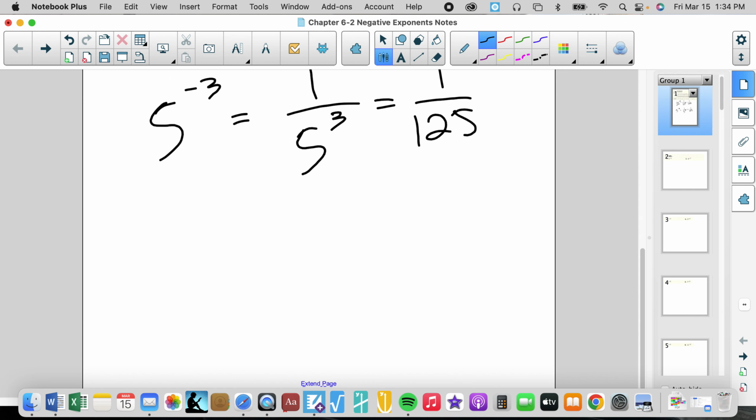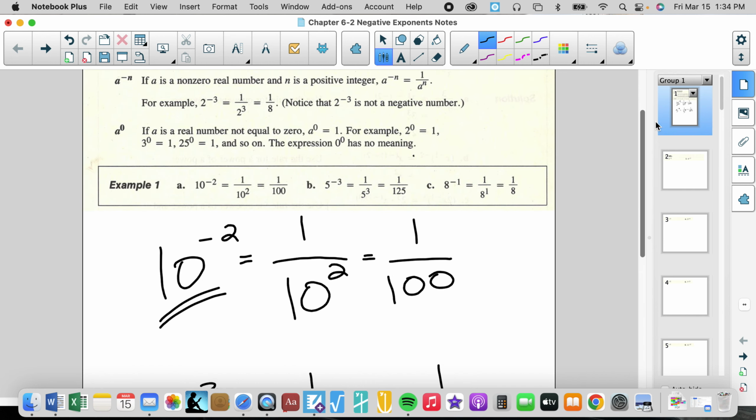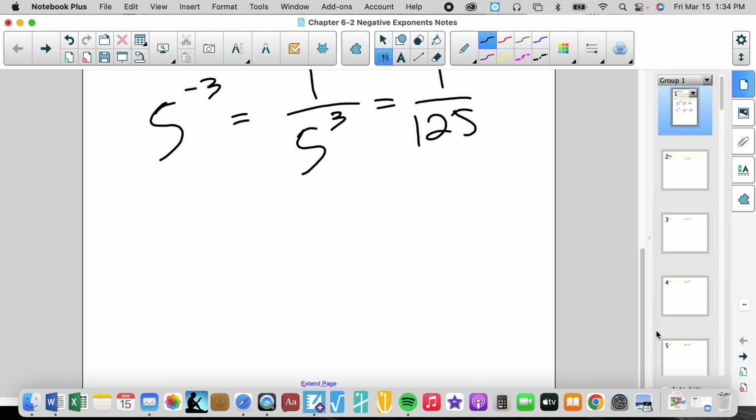Here's a tricky one that I don't think they give as an example. What if I have 1 over 4 to the negative second? Now we still can't simplify this because we have a negative exponent, but notice where it is. It's in the denominator.